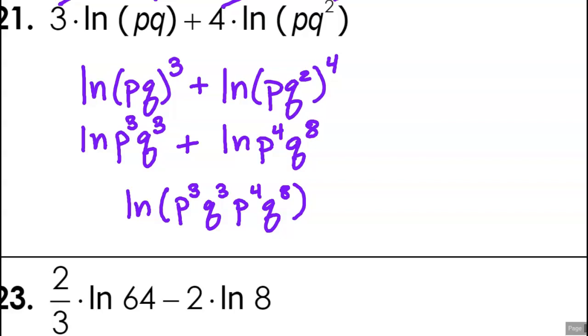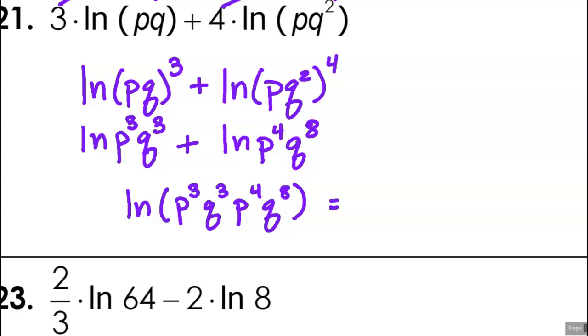Is this as simplified as this can get? No. What can you do to simplify this further? Yes. On the like variables, you can add the exponents.